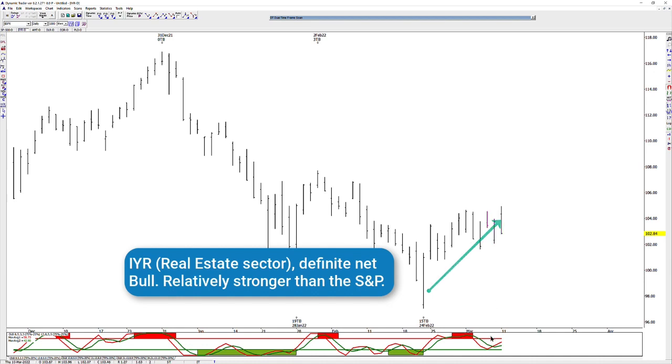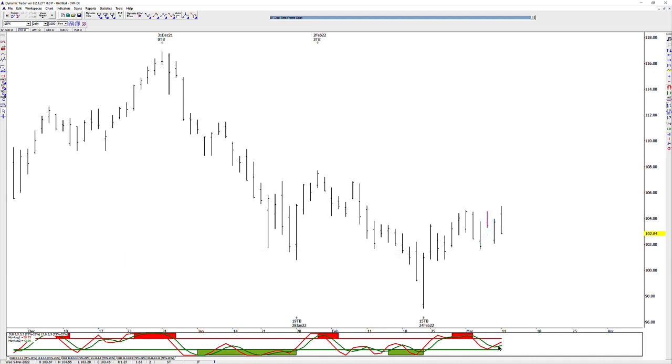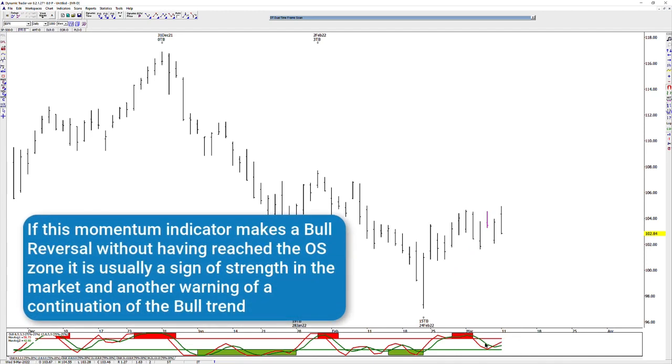Looks like just a couple days ago it made a bull reversal. And by the way, when they make momentum bull reversals, at least with this momentum indicator, and if it's made in the mid-range, that's a sign of strength. It didn't make full cycles and get oversold to make a typical correction. It essentially went sideways and then made a bull reversal. More than likely, when it does that, then it's going to break out to the upside.